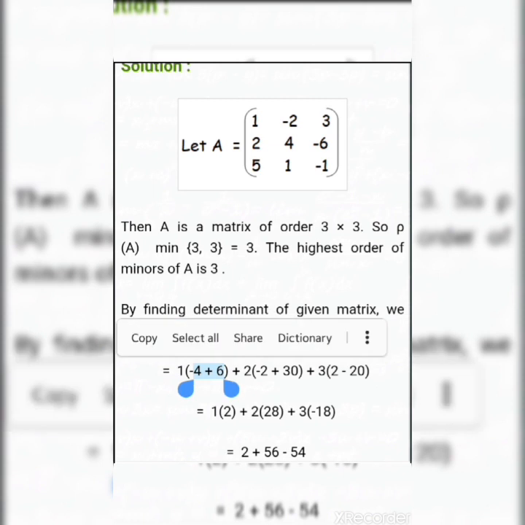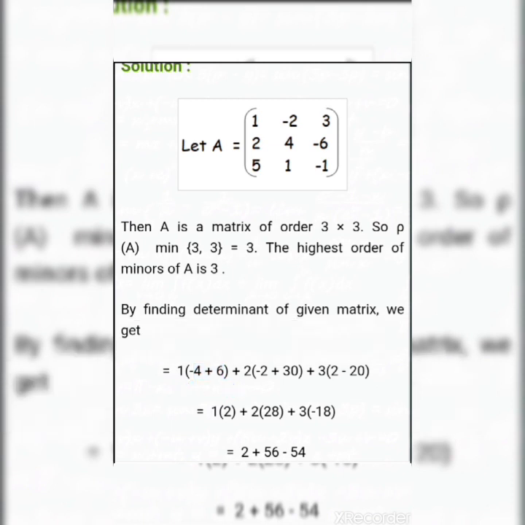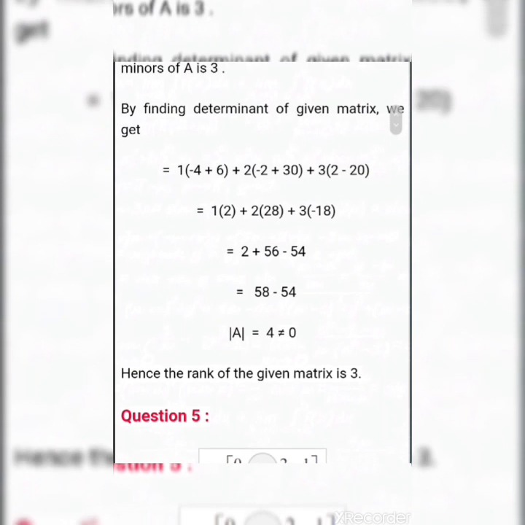Minus of minus 2, plus 6 minus 2... minus of minus 2 times minus 2 plus 30, plus 3 times 2 minus 20. After simplifying, we get the determinant of A is 4.